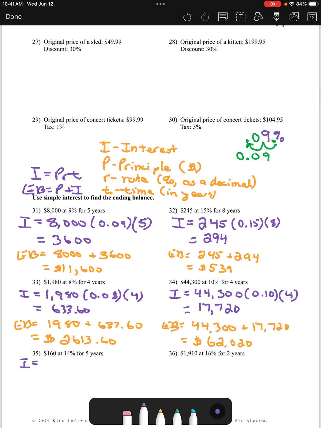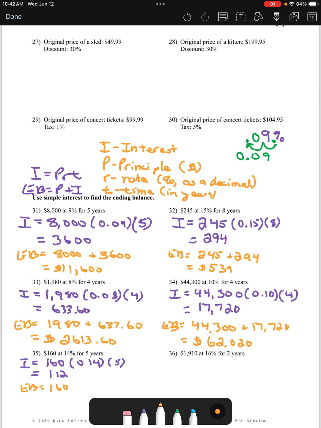Number 35, our interest is our principal of 160 times our interest of 0.14 times our time of 5. So 160 times 0.14 times 5 is $112.